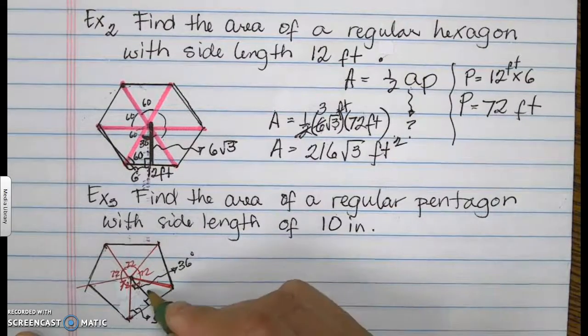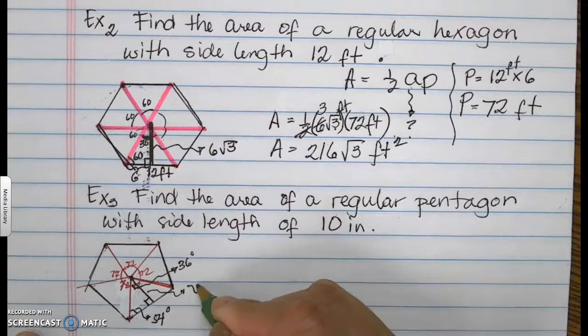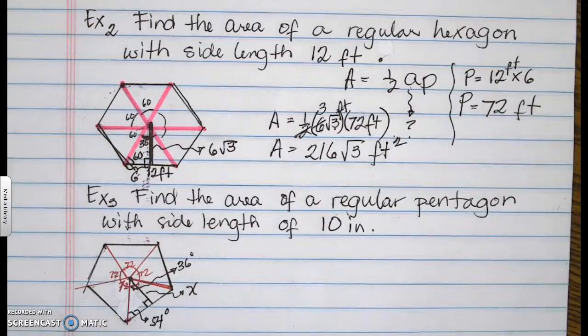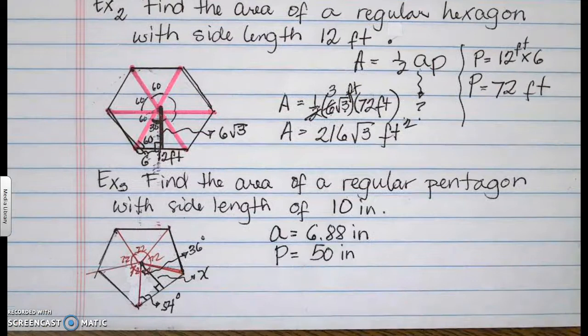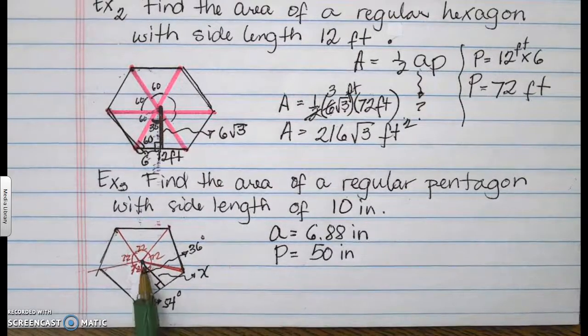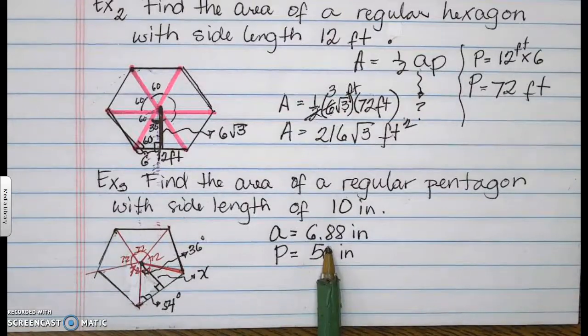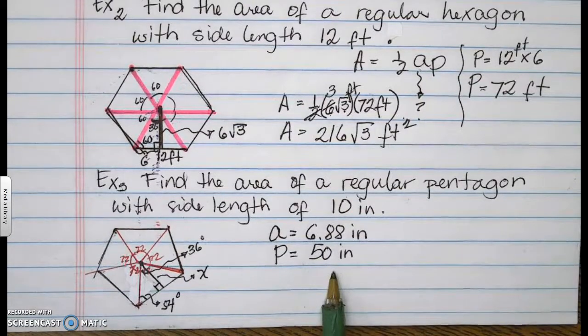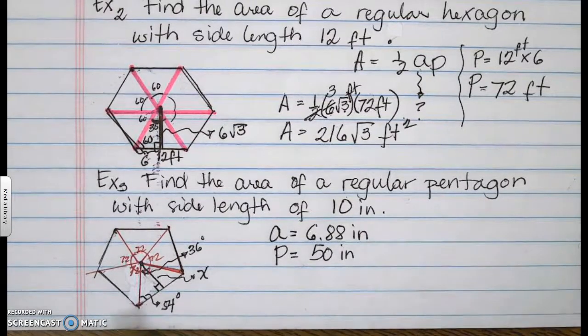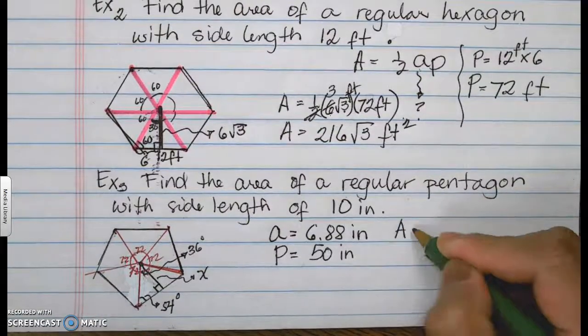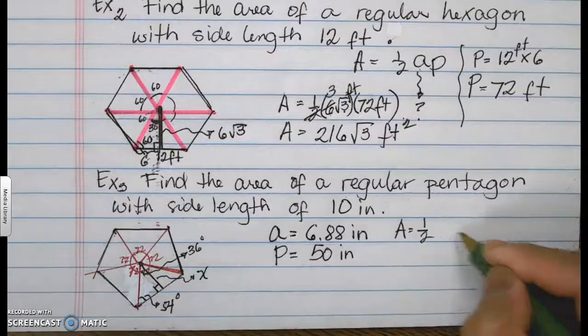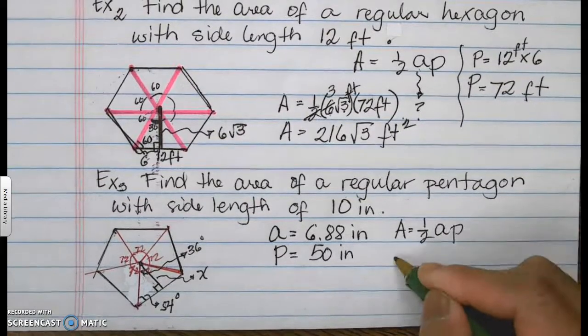For you to find the apothem, you need to use your trigonometric functions. After our trigonometric calculations, we found out that the length of the apothem is 6.88 inches and the perimeter is 10 inches times 5 because this is a pentagon. And so let's go ahead and solve for the area. It's 1/2 apothem times perimeter.